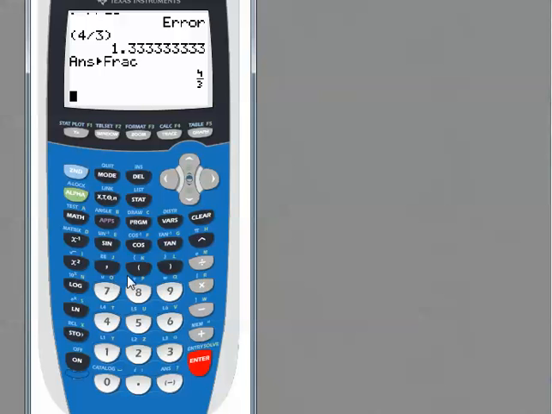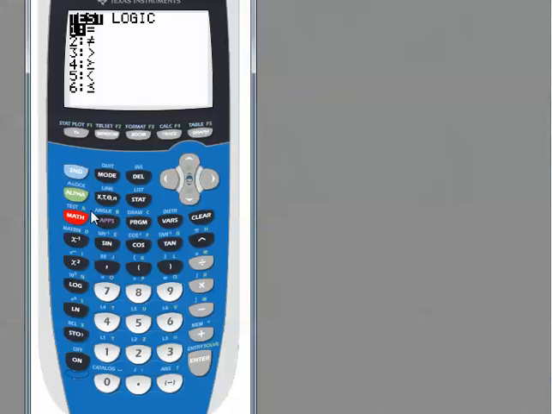Let's say that I want to compare the fraction 4 divided by 3 to the fraction, well, I can't put it in yet, so I want to compare it. When I push second math, I get all these choices, and I think 4/3 is going to be greater than the next fraction I put in. So I'm going to choose this little greater than symbol.